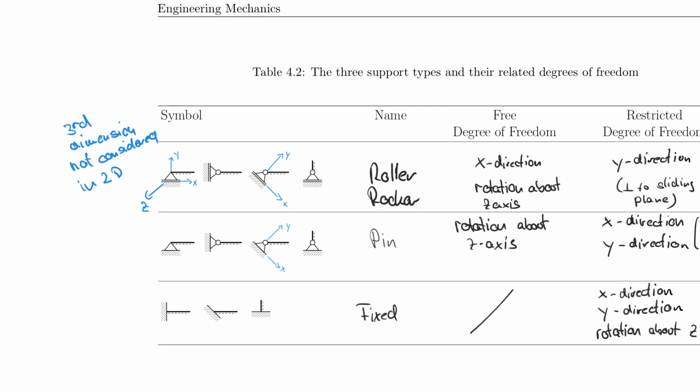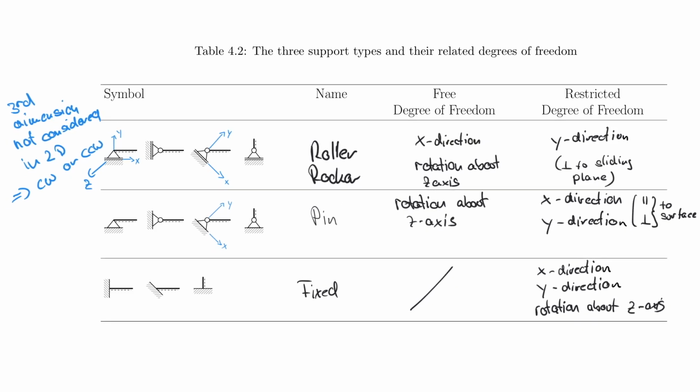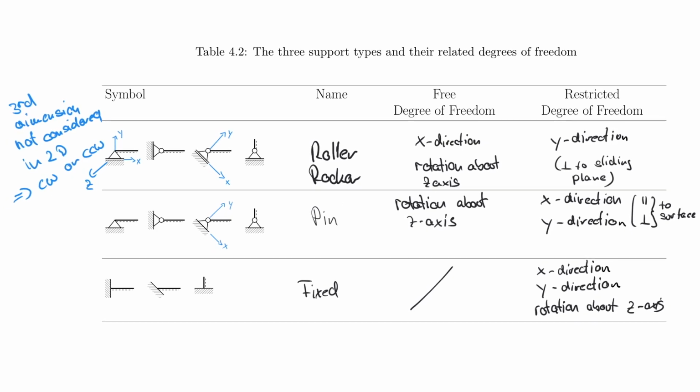Therefore, we just use clockwise or counterclockwise. And I think that explains this table and now gets us ready to really interpret these results and teaches us how to read the different support reaction types and how to idealize them on paper.